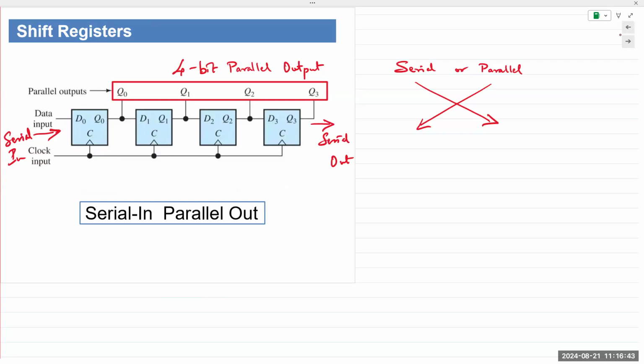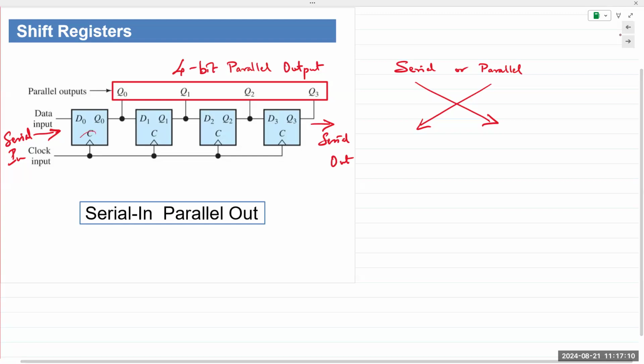If you had 4 more bits, meaning an 8-bit shift register, then the output Q3 would go to D4, Q4 would go to D5, and so on and so forth. Okay, so the output of the first one is shifted to the next upon the arrival of the clock signal. So it's serially fed in a sequence.